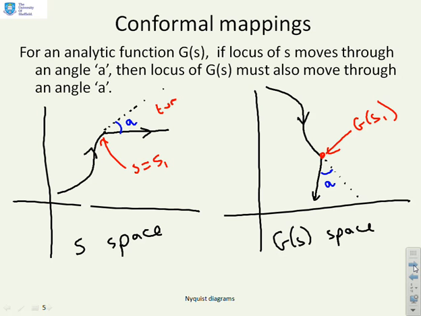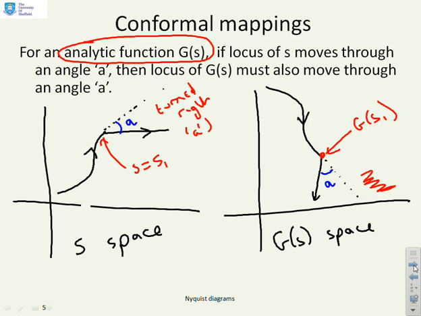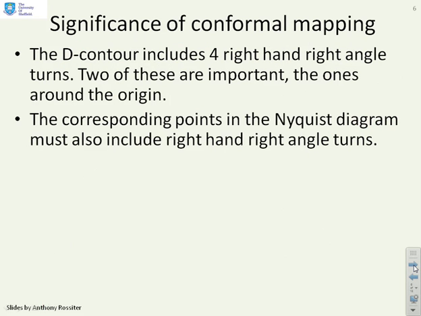You can see here I turned right through A, and I've got the same down here. I've turned right through A, and that's a conformal mapping, which will always happen as long as the function here is analytic, which you can consider will be the case for the transfer functions we are going to be dealing with. So what's the significance of this?